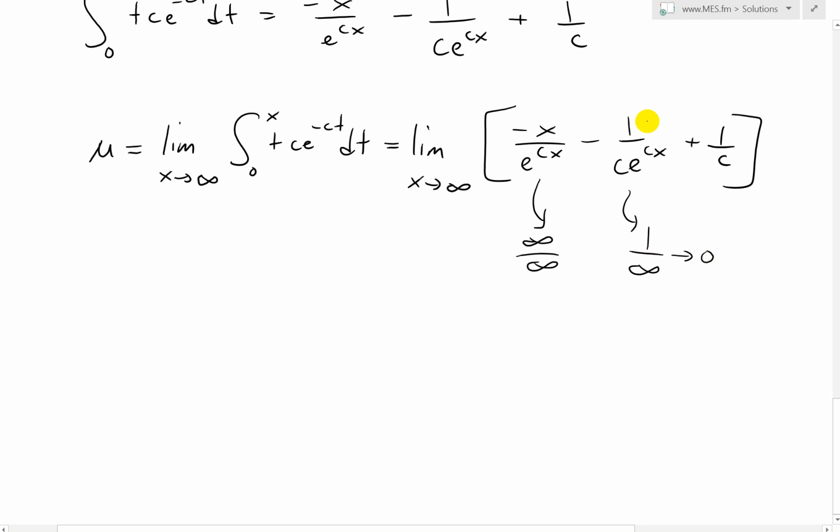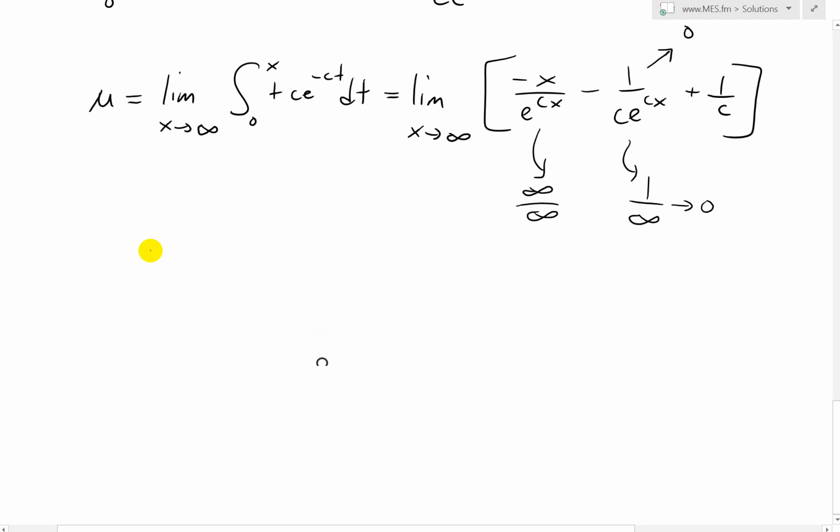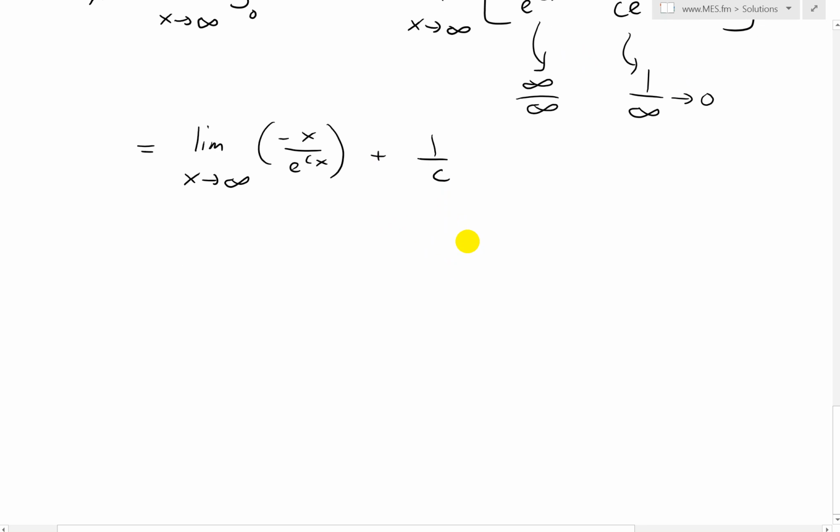This whole value is 0. And this one is a constant, as there's no x value, so that's just 1 over c. So this average value is equal to the limit as x approaches infinity of negative x over e to the cx, and then this one is 0, and then plus 1 over c. You just take the limit out, plus 1 over c. So we just have to solve for this one right here.